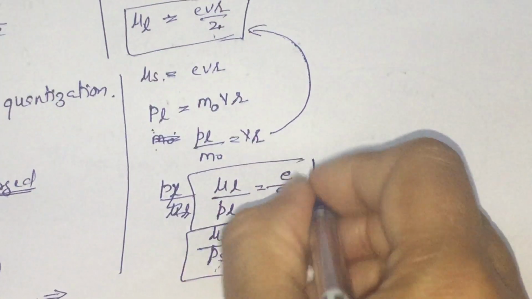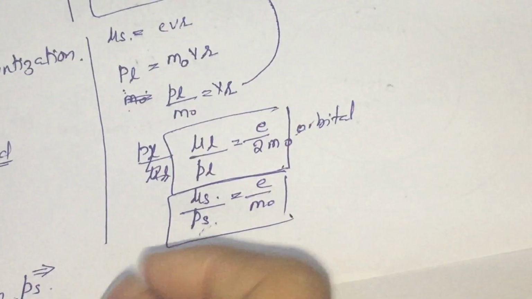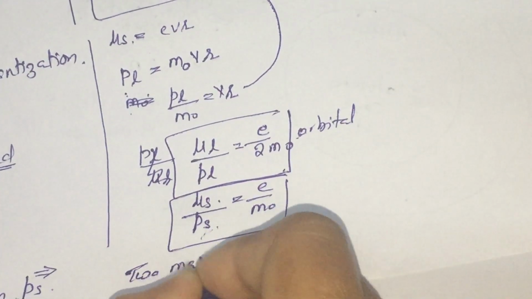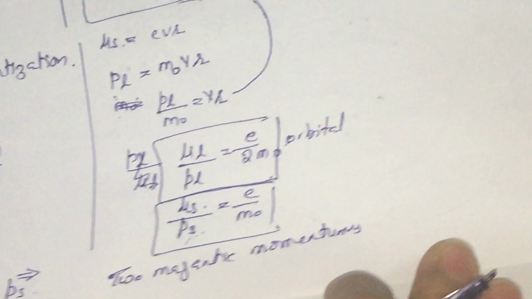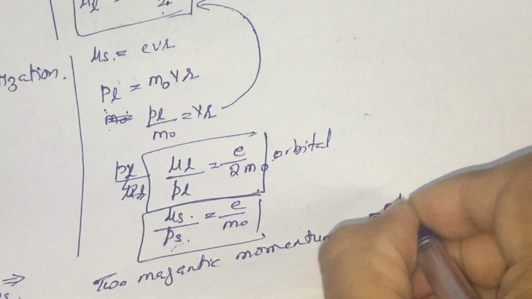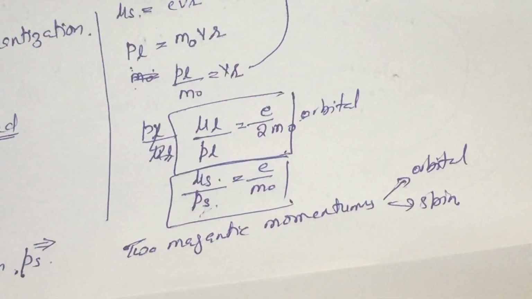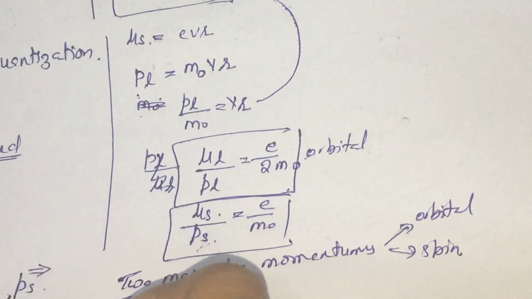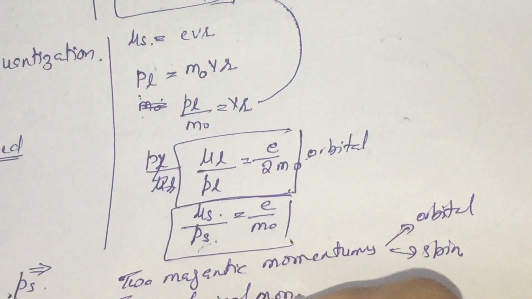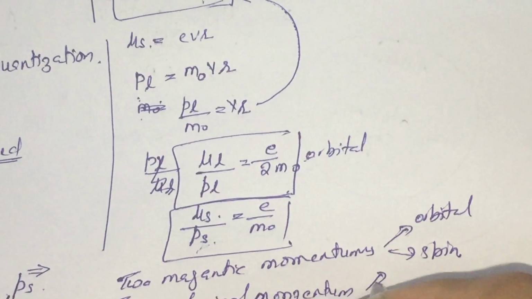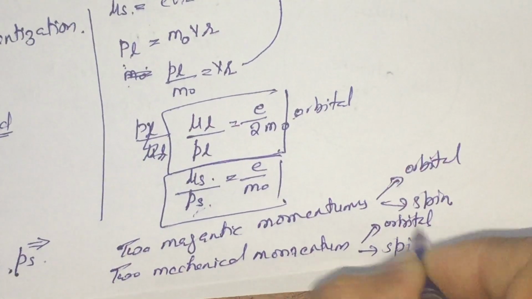Hence, due to the motion of the electron we will have two magnetic momentums, one is our orbital magnetic momentum and another is our spin magnetic momentum, and we have two mechanical momentums. Again, one is regarding our orbital motion and another is regarding our spin motion.